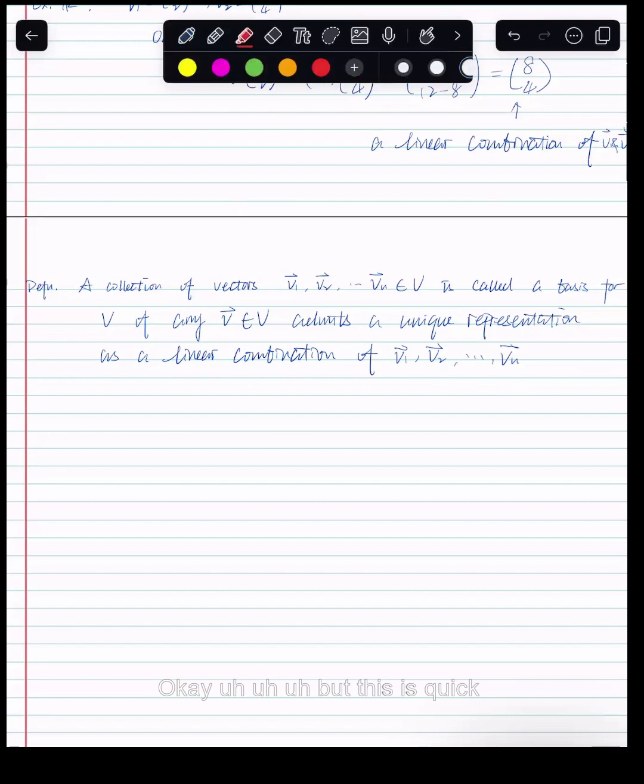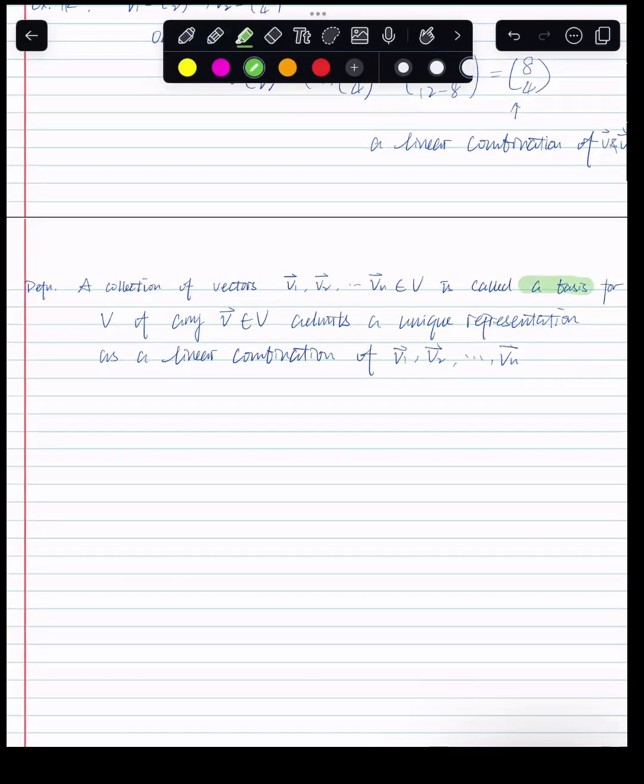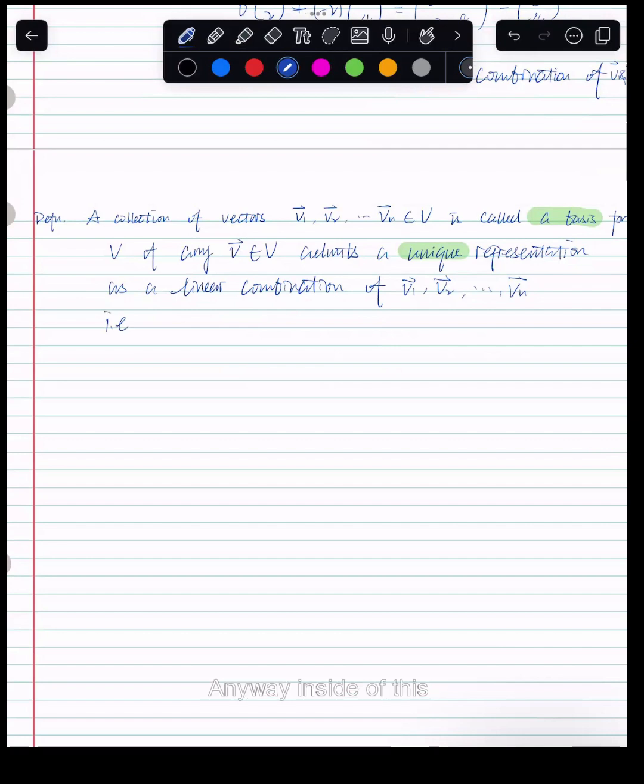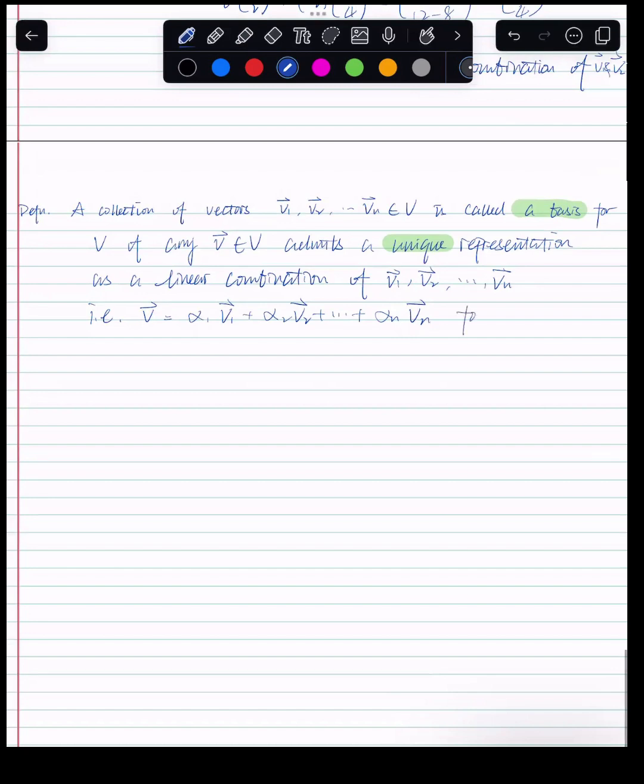That means for any v inside of this vector space, it can be written as alpha 1 v1 plus alpha 2 v2 plus all the way to alpha n vn, for some unique choice of these scalars.